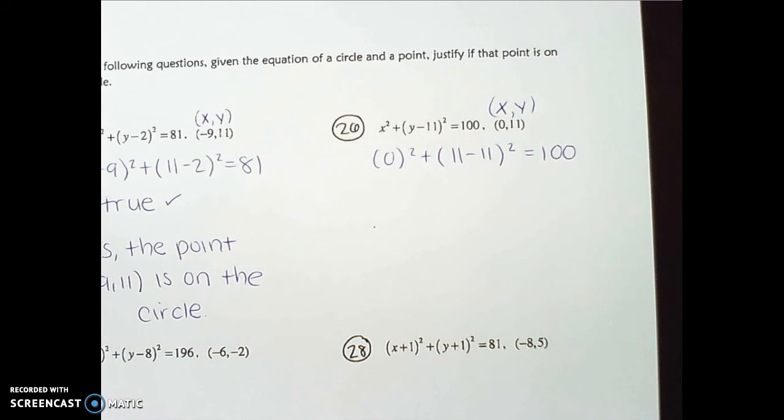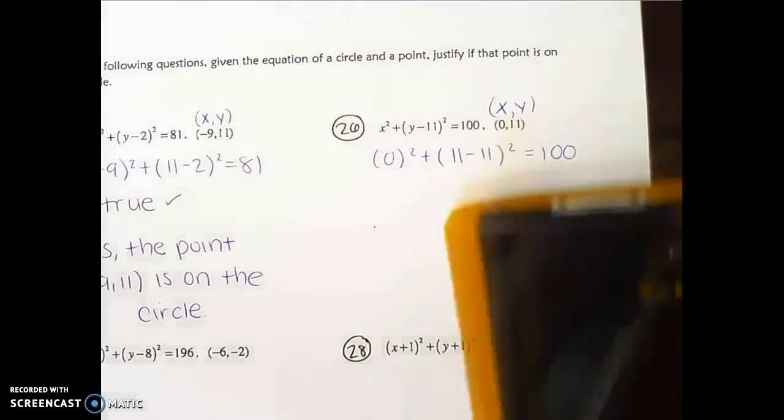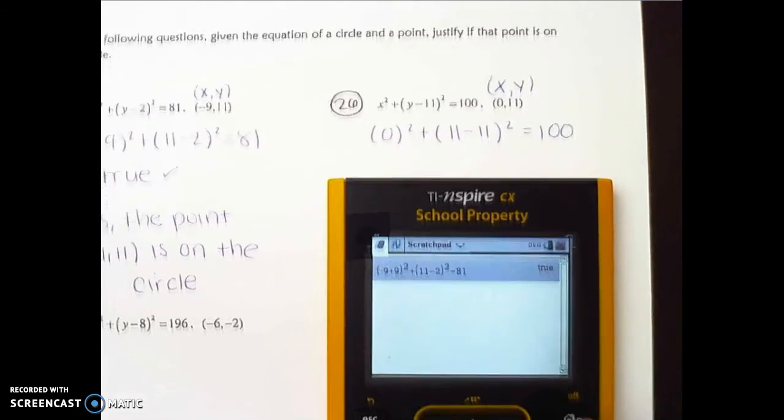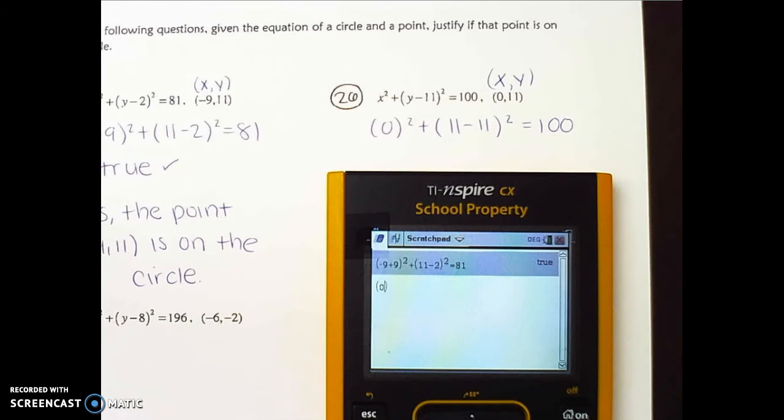Okay, so here we're going to go ahead and check and type that in our calculator. And notice I'm typing those parentheses around the 0 as well. That's going to be really important. If I were substituting in a negative number, those parentheses would be really important.